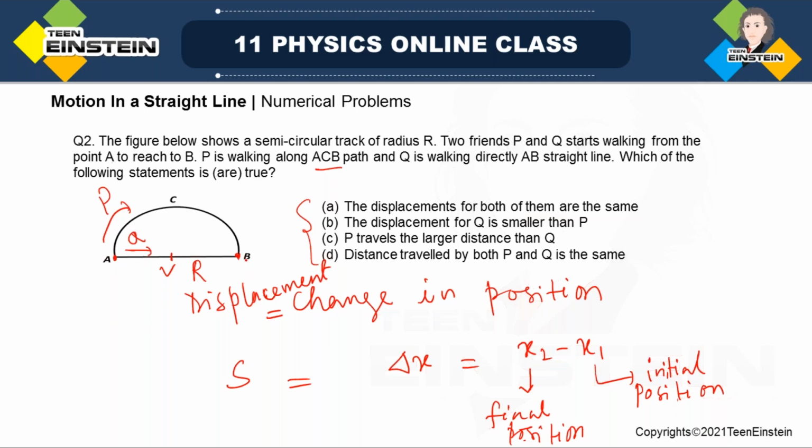Whatever path they take, that doesn't matter. But what is the final and initial position? Both of them start from A. Both of them reach B. So whether their initial and final positions are same or not.